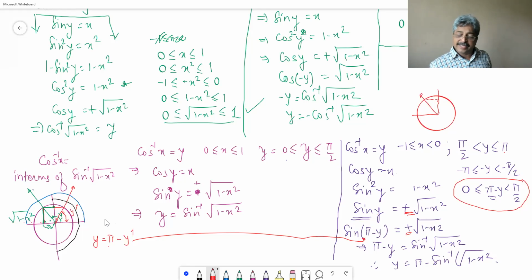It will not land anywhere else. So the corresponding value of this will take you to y dash and not to y, but you are expecting y. Therefore the correction is y is equal to pi minus y dash. That is what we are doing here. y is equal to pi minus y dash, and eventually we are calling this also y. Numerically pi minus y dash and y are the same. The sine values are the same, both of them.